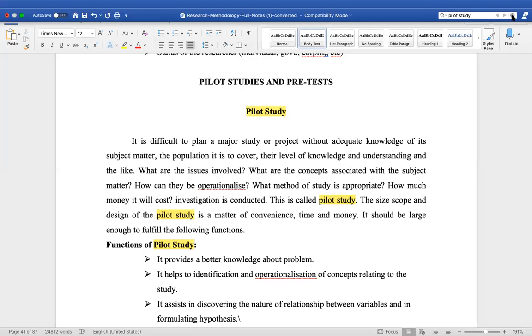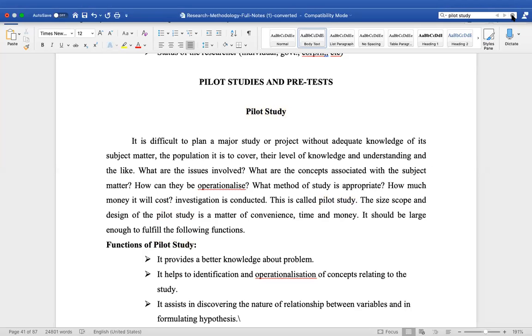And I will see if my questions are all answered, whatever I want to ask them, are they all answered in the way I want? And is there any ambiguity in any question? Is there a question that needs to be reworded? Is there a question that needs to be added or deleted? All these things I can find out when I do a pilot study.